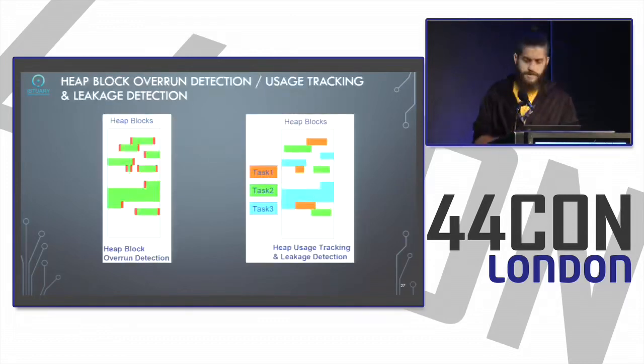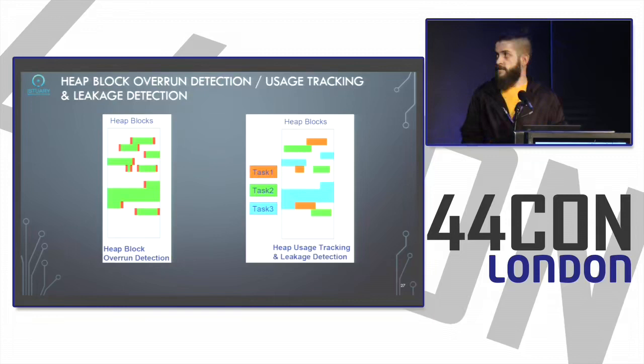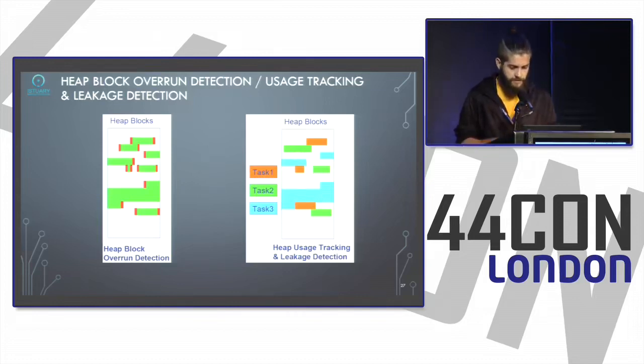The first one you can see is almost the same as the stack protection: they just add some memory area before and after, and if you access them, you will trigger an exception. The second image just shows that each task has its own heap, and you cannot overrun into the other heap.